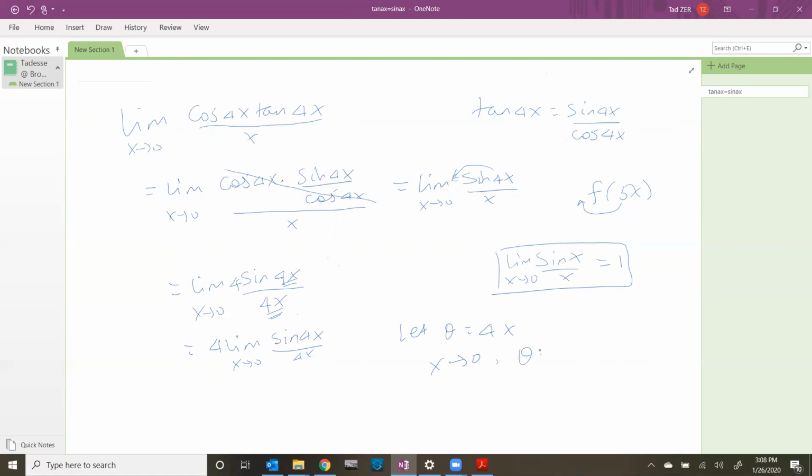So 4x is theta, and theta goes to 0. So now this is 4 times the limit of sine theta over theta, as theta goes to 0. But we know this limit is 1. So 4 times 1, the answer will be 4.